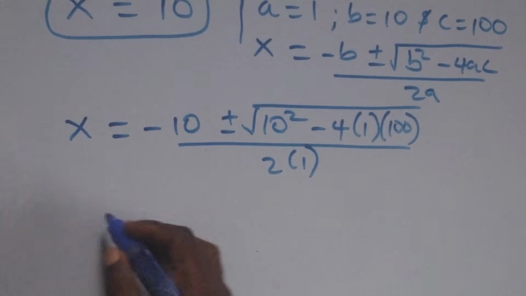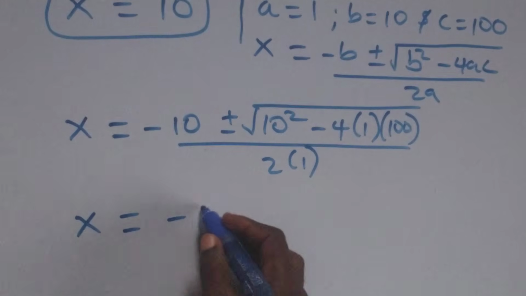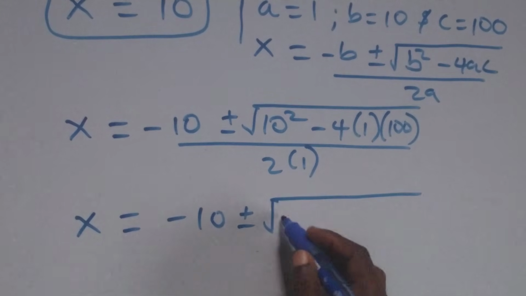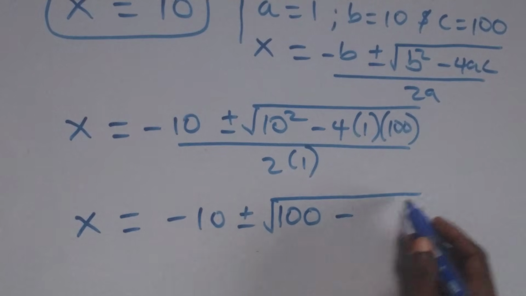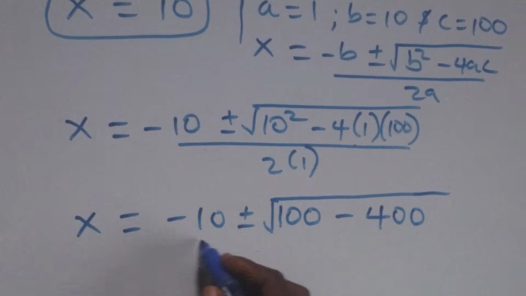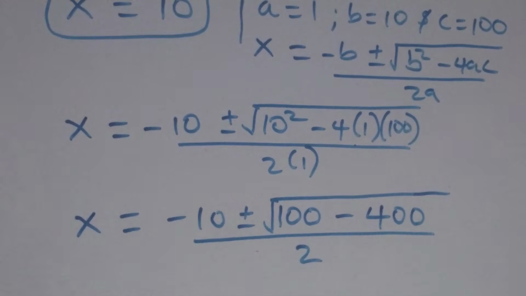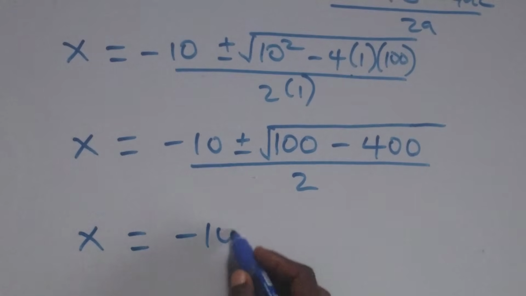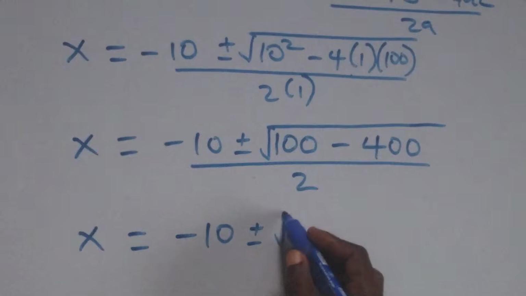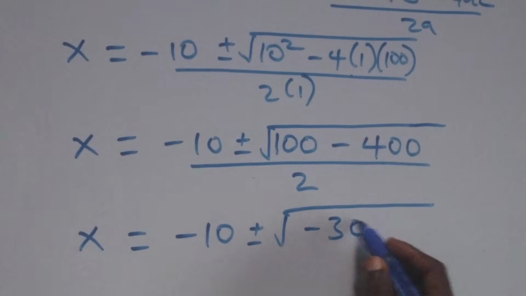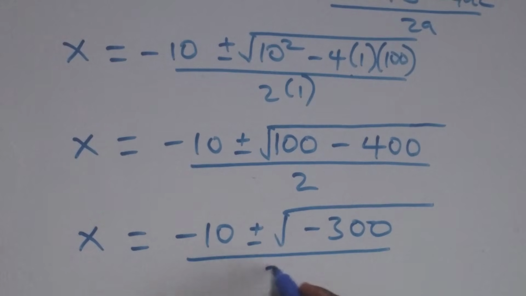So here we have x equals minus 10 plus or minus square root of 10 squared, that's 100, minus 4 times 1 times 100, that's 400, over 2. That is, we have x equals minus 10 plus or minus square root of, here we have 100 minus 400, that's minus 300, over 2.